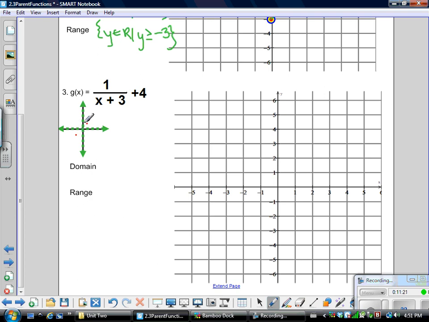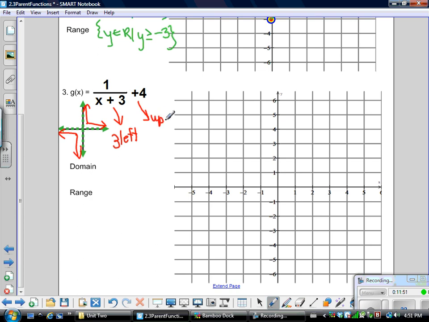Okay, so I know those are my important values, and then my graph kind of creeps along that. So I need to know that information, because what's going on here is my x is going to move left 3, and my y is going to move up 4.